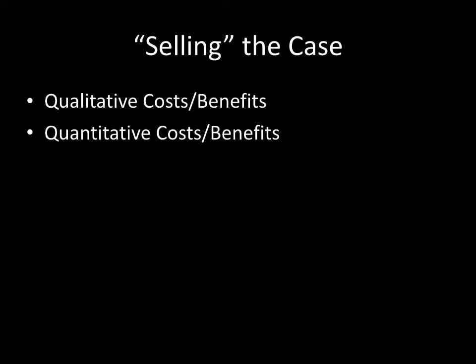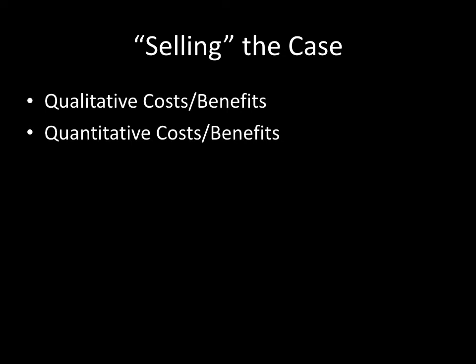And in selling the case, what you're really doing is you're trying to articulate both qualitative costs and benefits and quantitative costs and benefits. Of course, when we talk about qualitative cost benefits, some people also call those soft costs or benefits. They're usually going to be items that we can't really quantify or may not have a big dollar amount impact or just are difficult to explain, but yet still important.